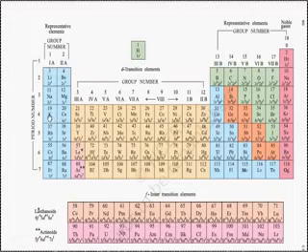So the horizontal rows are known as periods, and vertical columns are known as groups. Here we have the 5th period, 6th period and the 7th period.